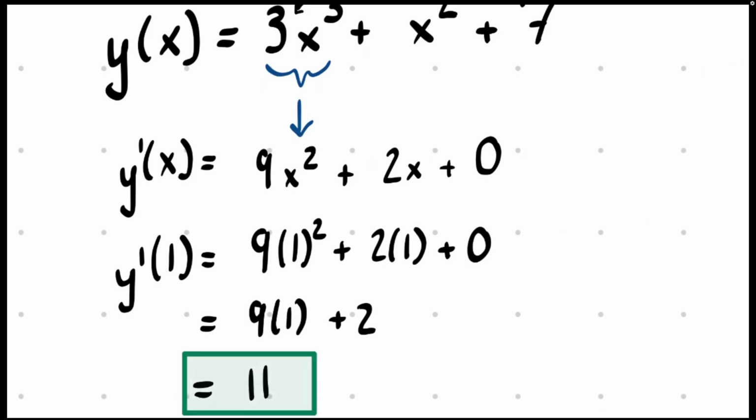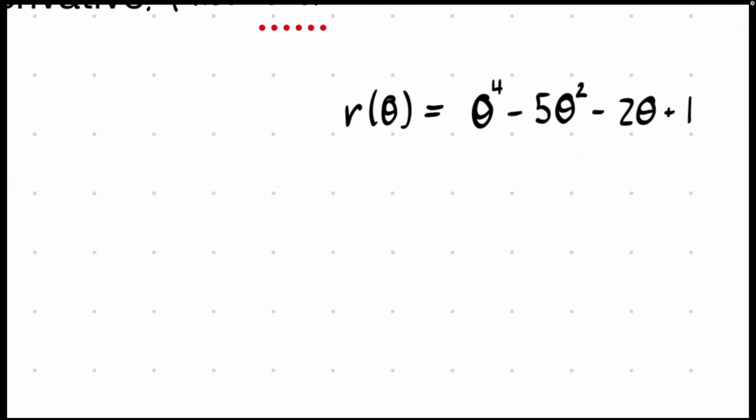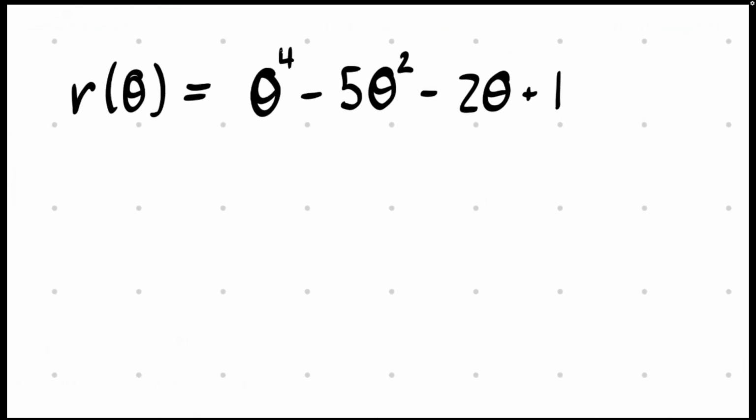Very good. So next, this is another example. I'm going to scroll over. This function is in terms of r and theta, not y and x. While it looks different, it's precisely the exact same steps. So we're going to go ahead and do it. So let's say we wanted to find r prime of theta.